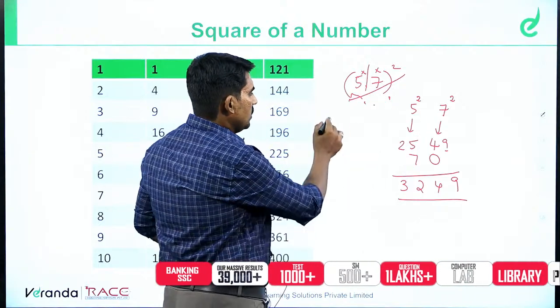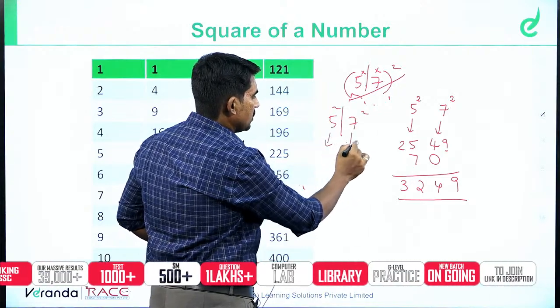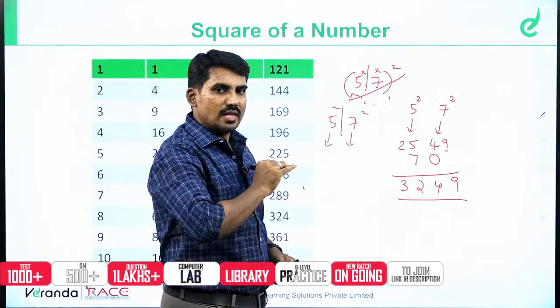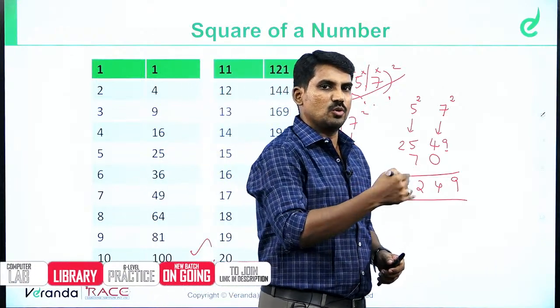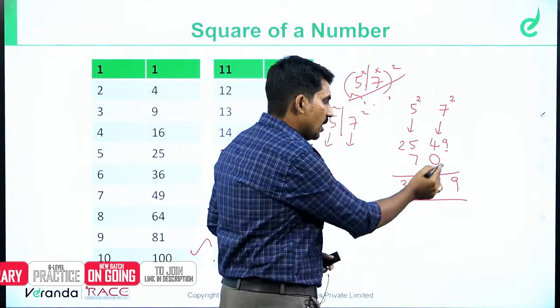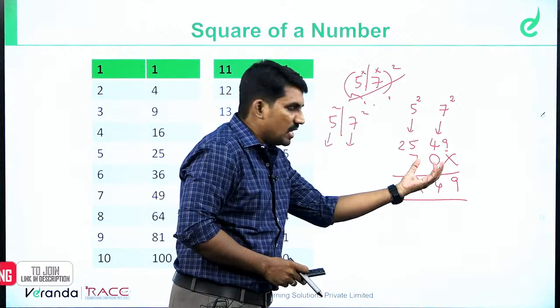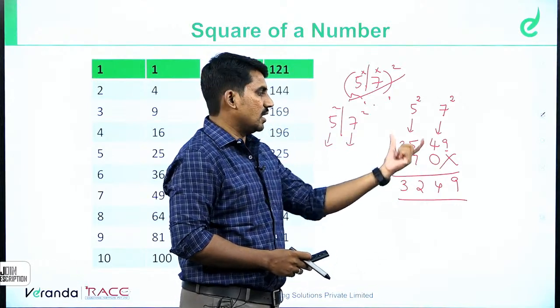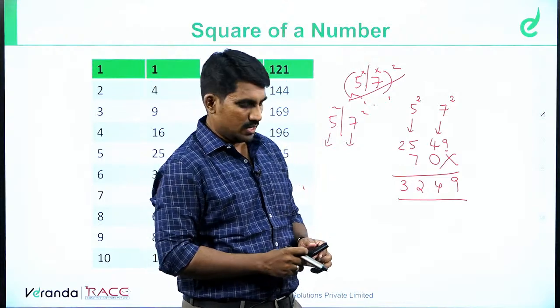That is 5 and 7, individually finding the square of these. Then what we are doing? There is a multiplication symbol between 5, 7 and 2. Therefore, 5 into 7 into 2, 70. We have to leave the last digit. Don't forget, leave the last digit, and fill the remaining place with this number. Then add everything, we will get the square of the value.